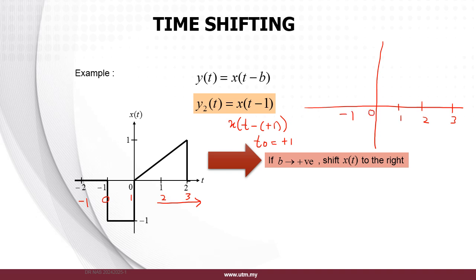So 0 becomes 1. And then going down, this one comes here. So the amplitude is the same, negative 1 and 1. So this is your new signal, okay? It is the original signal shifted to the right by 1.